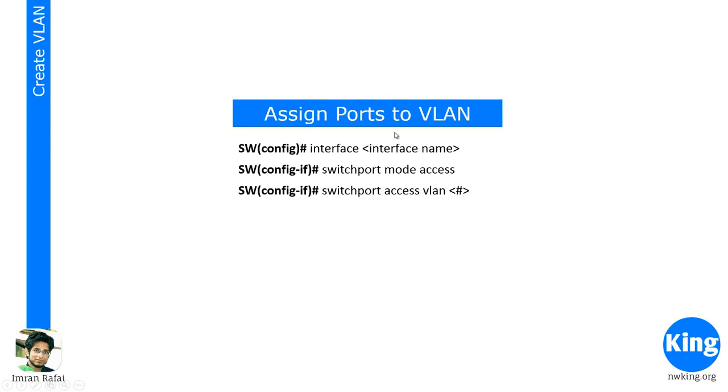Next, assign ports to VLAN. You go to that particular interface where you want to change to a certain VLAN. From that interface, you give the command switchport mode access. This is statically configuring that port to be an access port, and then switchport access vlan and the VLAN number would assign that particular port to that particular VLAN.